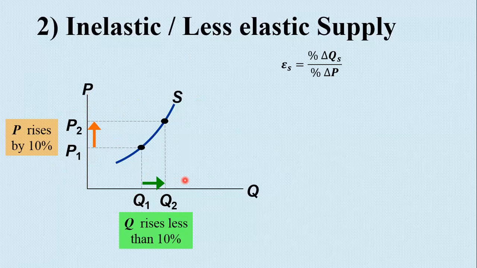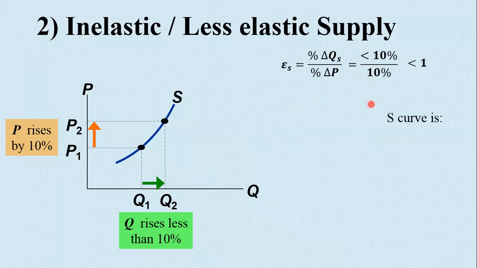For this reason, if we will solve this formula with the help of the calculation of this condition, we can see that the smaller change in quantity supplied divided by the 10% change in price, the result is less than 1.